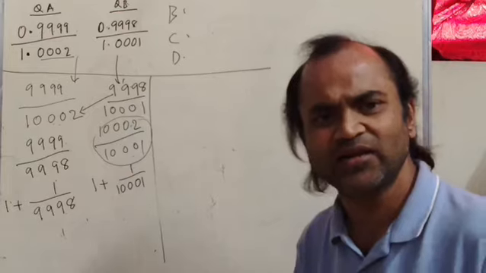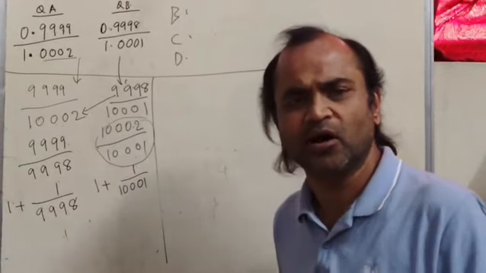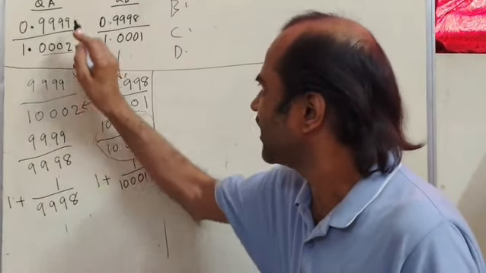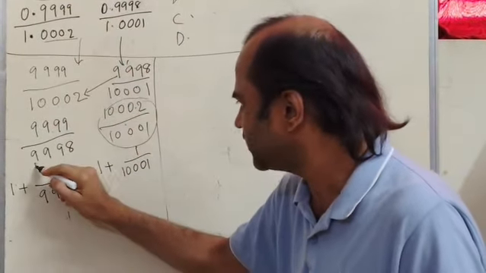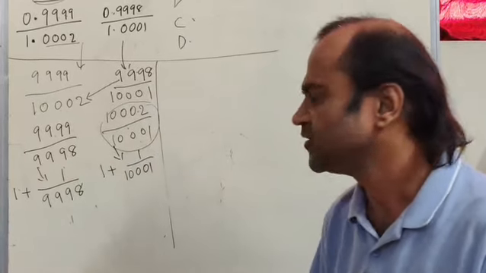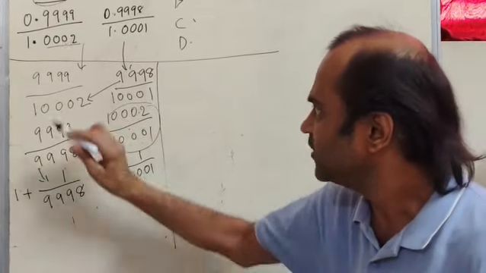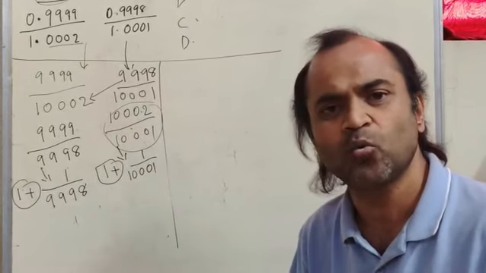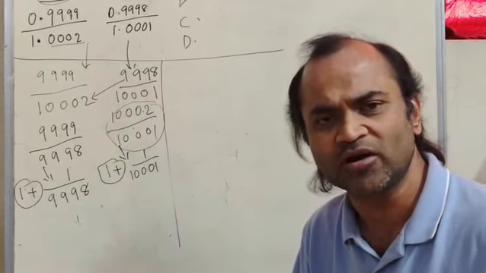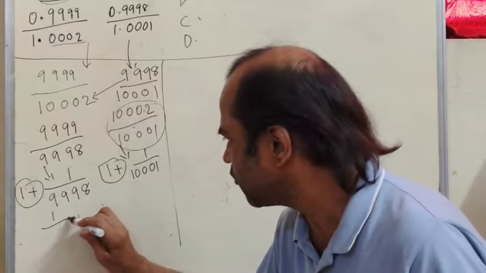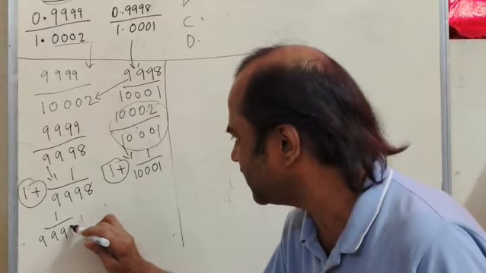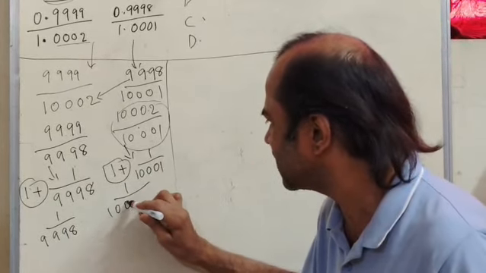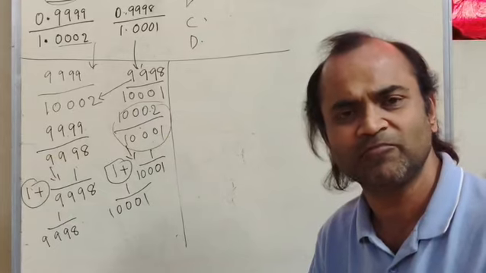I hope you don't find any kind of confusion or difficulty in reducing the respective fractions under the two quantities into these forms. Now, in the two quantities, we have a common number 1 which can be ignored for comparison purposes. So quantity A is practically left with 1 by 9,998 and quantity B is having 1 by 10,001.